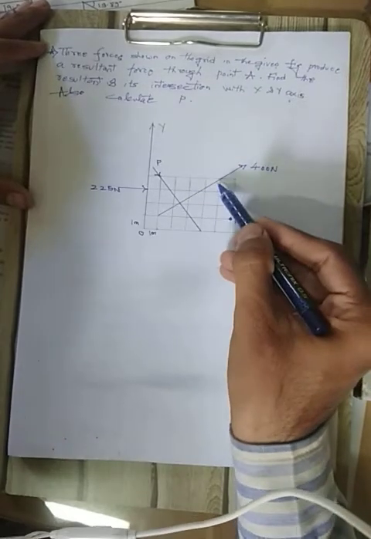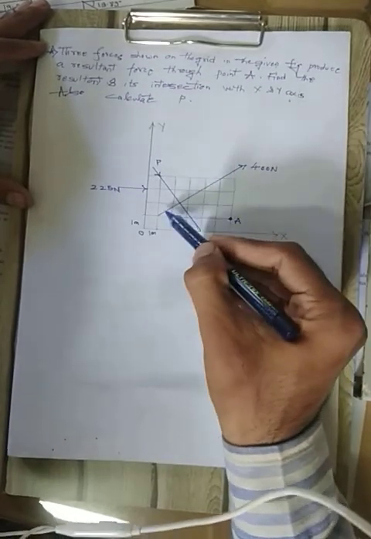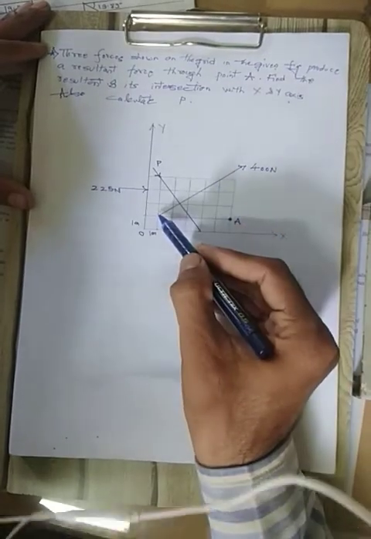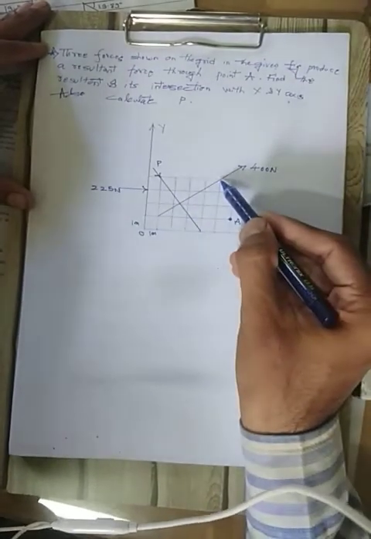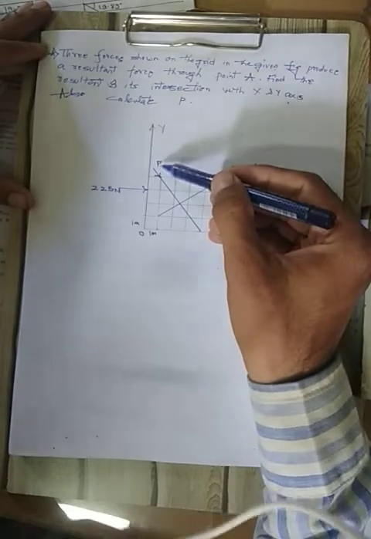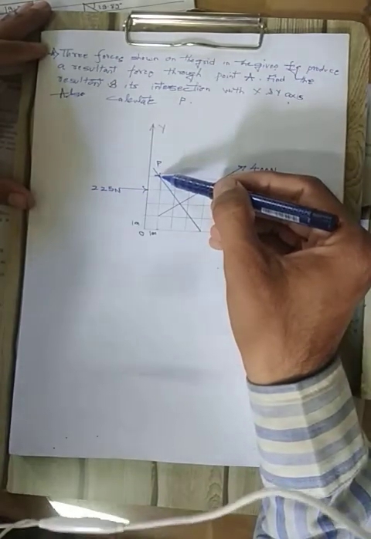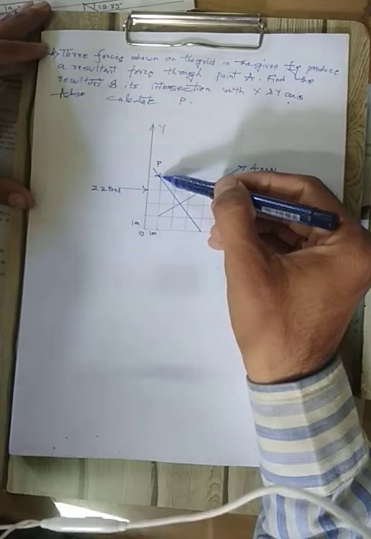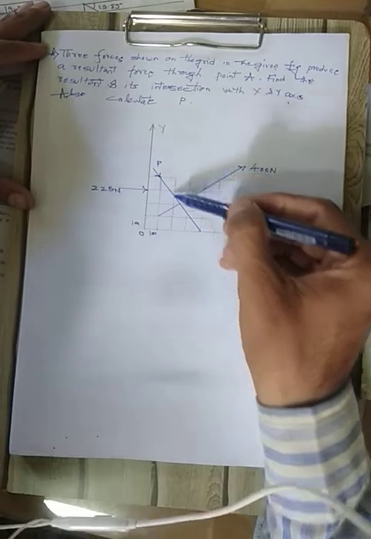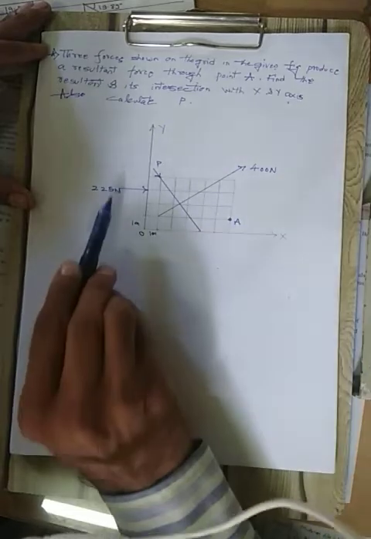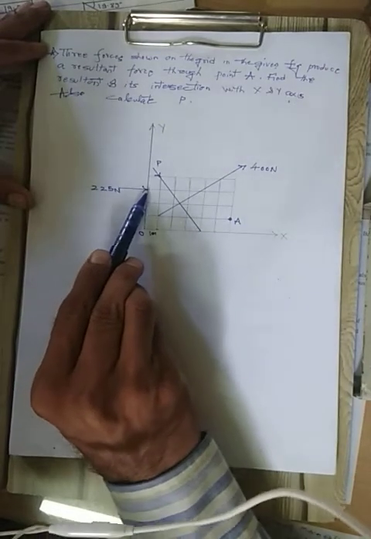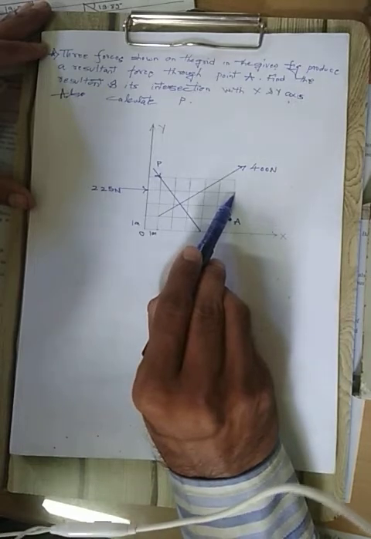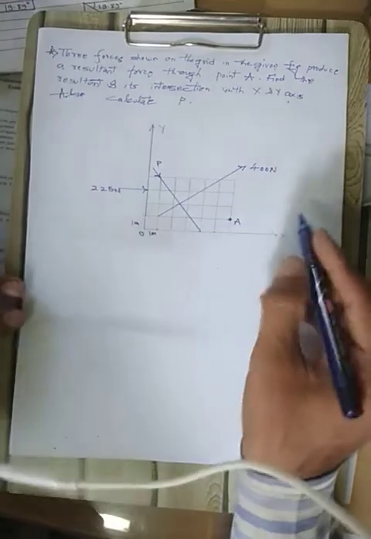The effect of this force will be the same at the starting point as well as the end point. The same is the concept for P. The force P is acting at the end of this grid, but by the principle of transmissibility we can assume it at this point also. Whereas this 225 is acting at this point, but along the same line of action we can assume this force of 225 Newton at this point also.